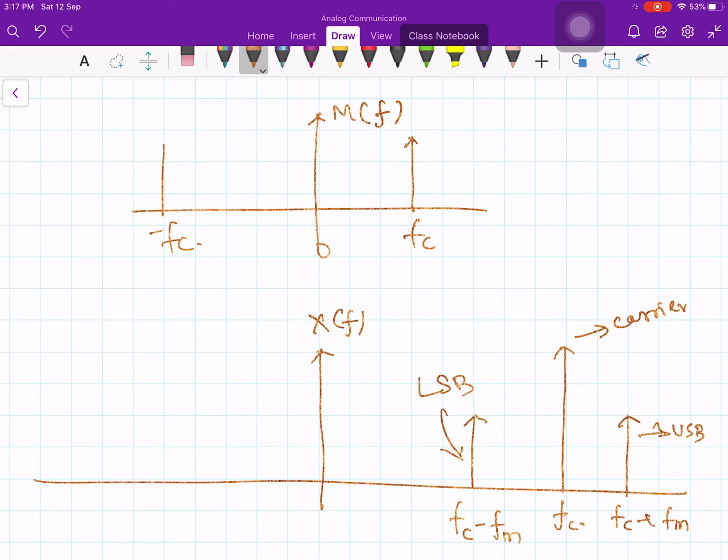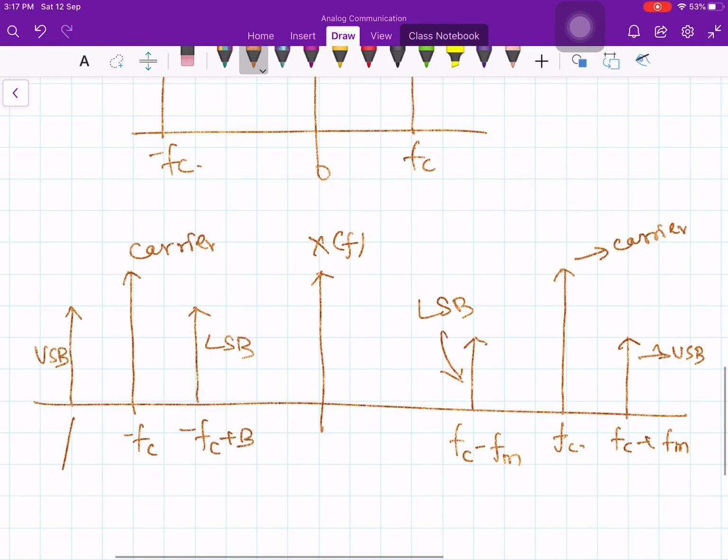Similarly, on the negative frequency axis also, I have the carrier, and here I have the lower sideband and here the upper sideband. This is minus f_c plus f_m, this is minus f_c minus f_m, this is 0, and this is your frequency axis f.